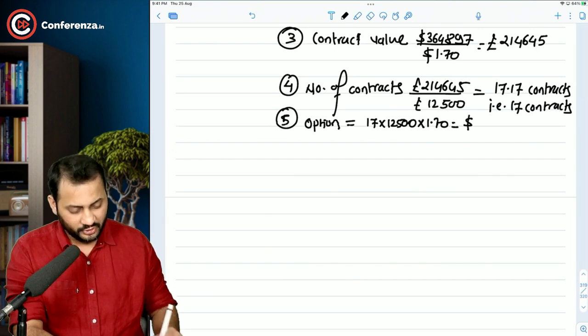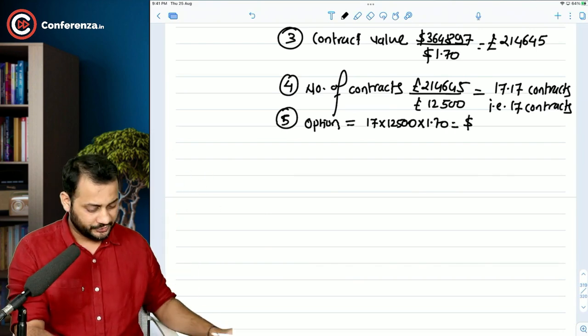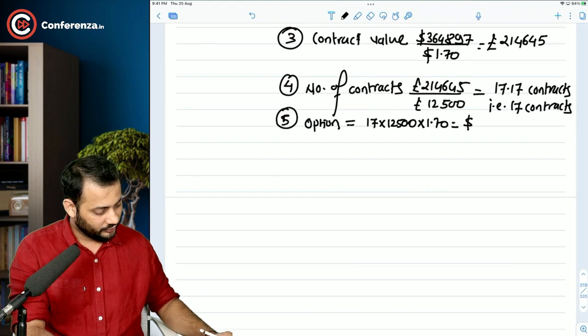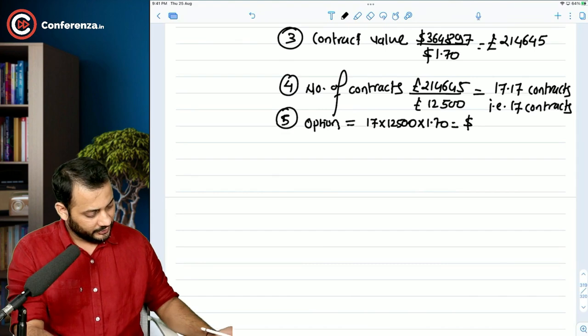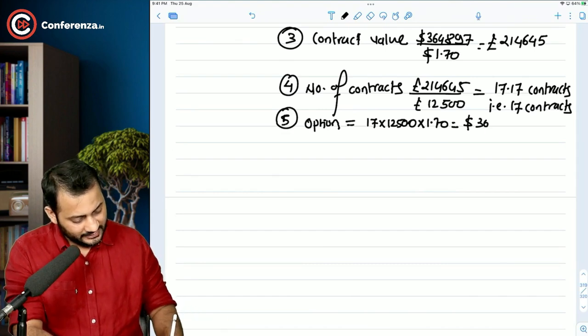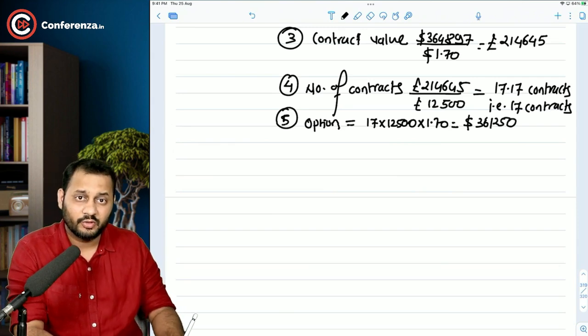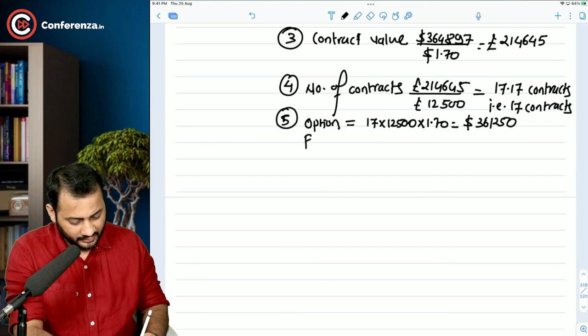That means how many dollars you will be buying under option? 17 into 12,500. That comes to 2,12,500 into 1.70. You will be buying $361,250 from the option contract and the remaining under forward.